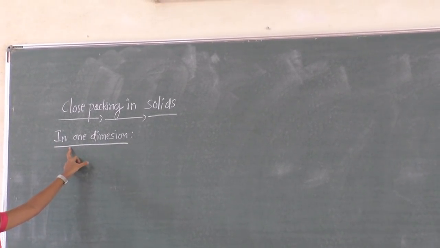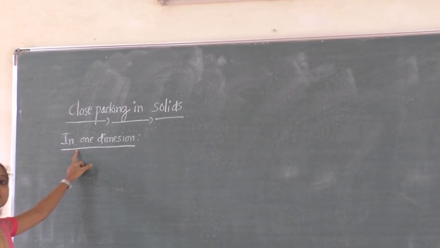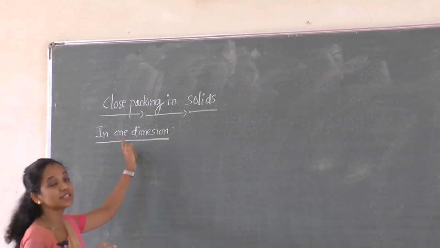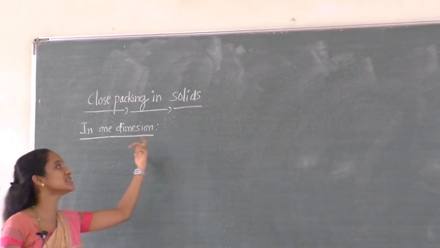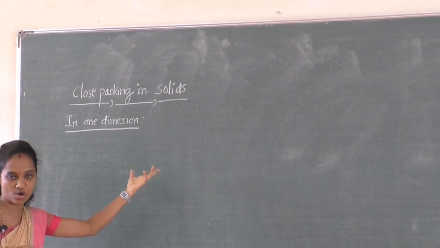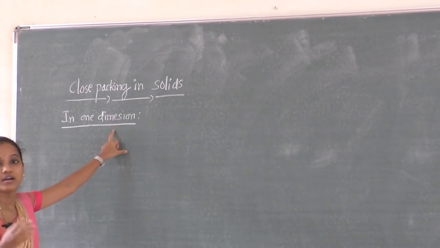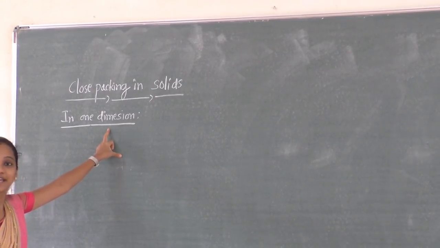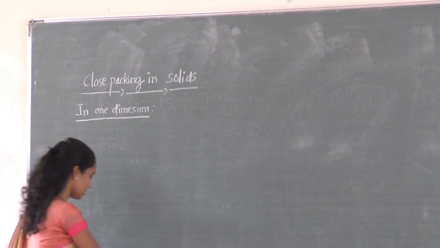Now let us consider the arrangement of the constituent particles in one dimension. One dimension in the sense, you can choose any one axis, or you can say that it has a direction or an axis.